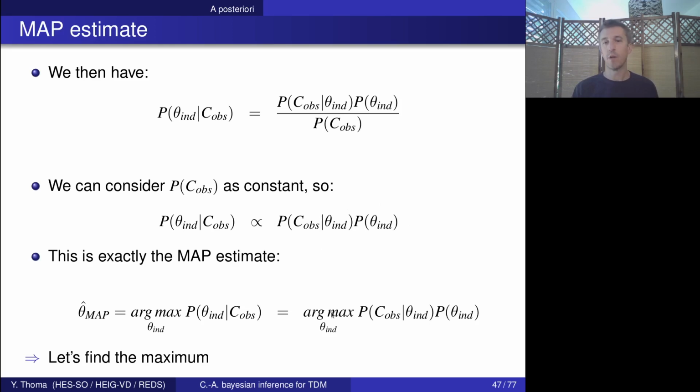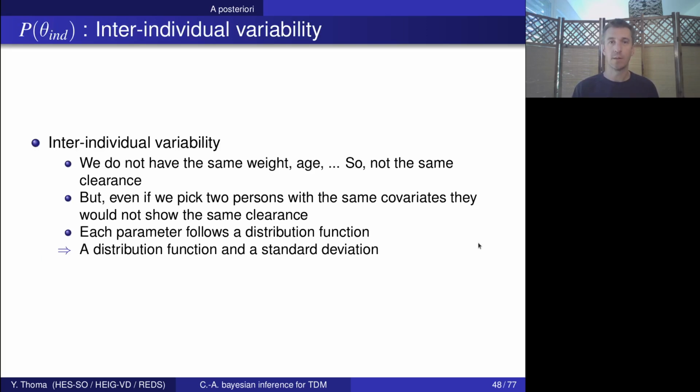And so we end up trying to find the best individual parameter that would maximize the probability of the observed concentration considering these parameters, multiplied by the probability of these parameters. So we need to find the maximum of this. I will just show you in two slides what these two terms mean.